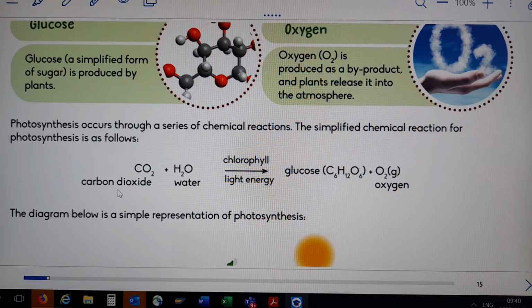We need carbon dioxide, we need water. The carbon dioxide and water combine, and then chlorophyll absorbs the light energy and converts it into chemical energy that forms for us glucose and oxygen.